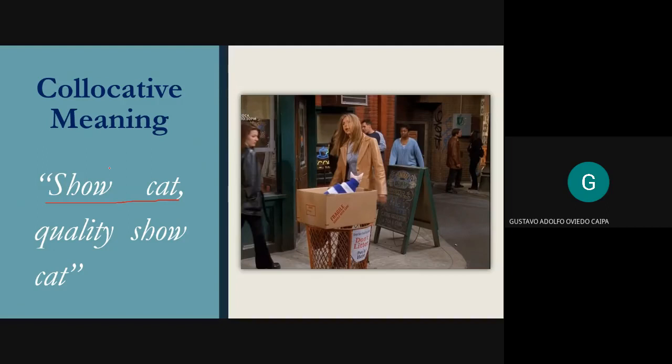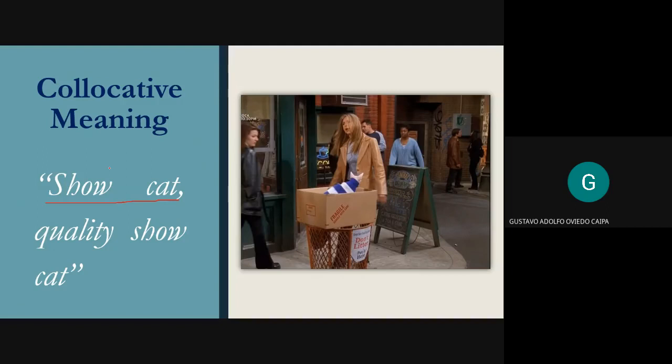In the case of show cat, it's a cat that you can show in a show for cats, like in a special pageant for cats, in a kind of competition to see which cat has the most quality. That's the specific meaning of show in this case, when you put it next to cat. And we can say the other thing about cat. In this case, cat in the presence of show is not just any cat.